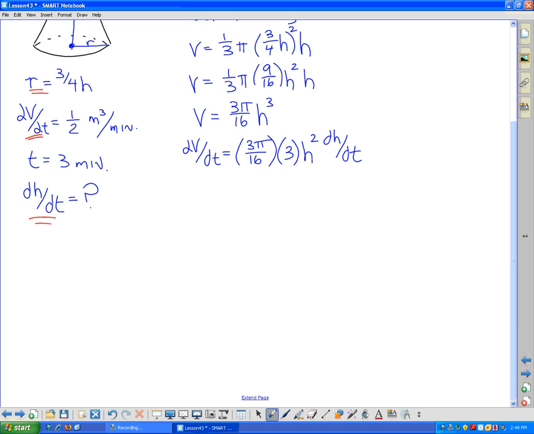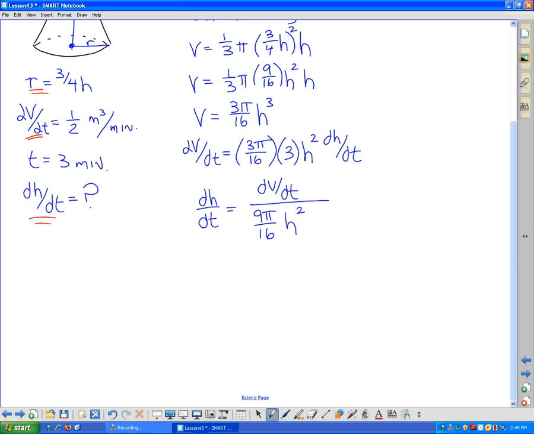I'm going to isolate here. dh by dt is dV by dt divided by 9 pi over 16 multiplied by h squared. I just divided both sides by the 3 pi over 16 times 3 times h squared. So there's dh by dt.